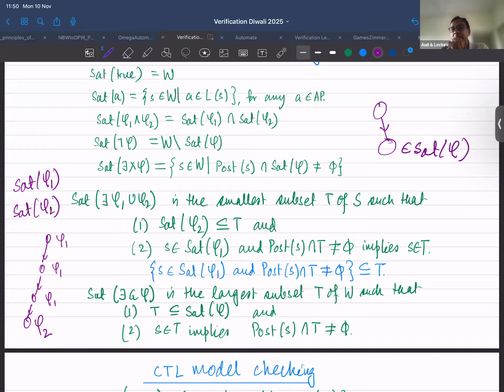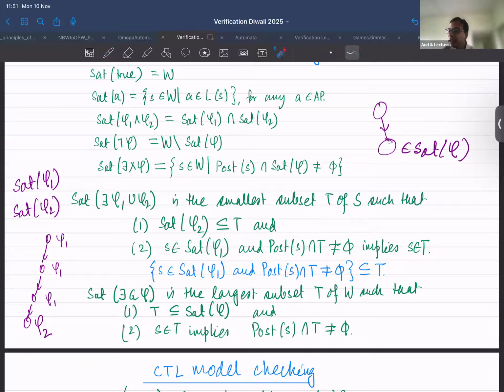Basically, either the state currently satisfies phi 2, or if it does not, it should satisfy phi 1, and then we compute the SAT of exists phi 1 until phi 2 for its successors. You will compute it one step at a time.